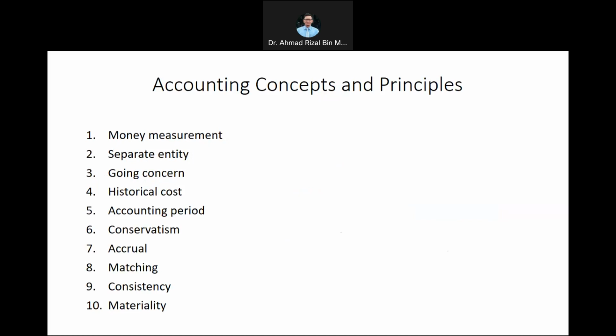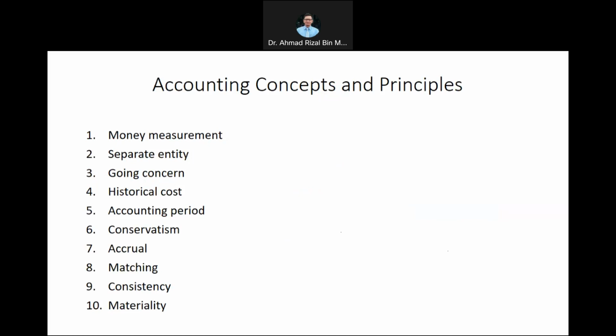Next, we have the concept of going concern, whereby the assumption is that a business will continue to operate, to be in business, for an indefinitely long period of time into the future.